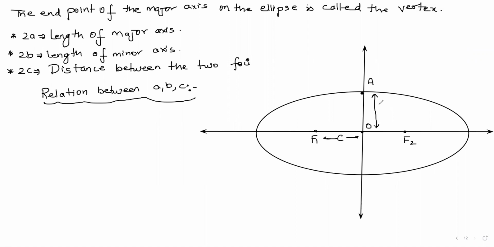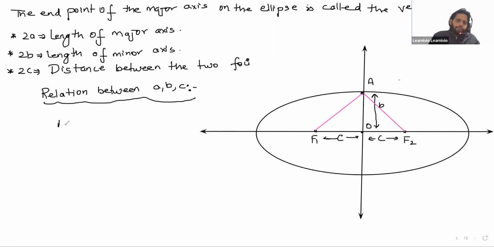Sir, B. Okay. Now join these two. So this is AF1, and similarly this is AF2. And this distance will also be equal to C.